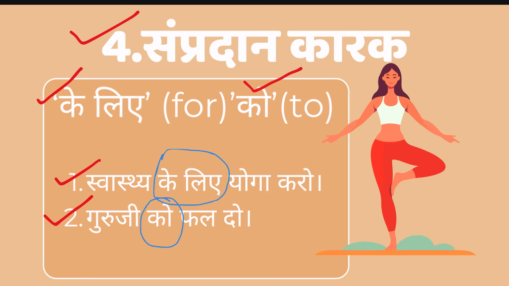Next example. गुरुजी को फल दो. Give teacher the fruits. Give to whom? To teacher. Guruji ko. So we write Guruji ko. के लिए and ko are sampradan-karak.